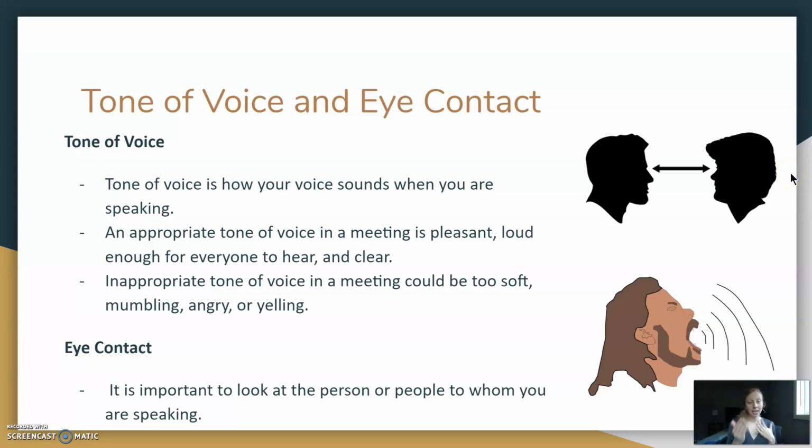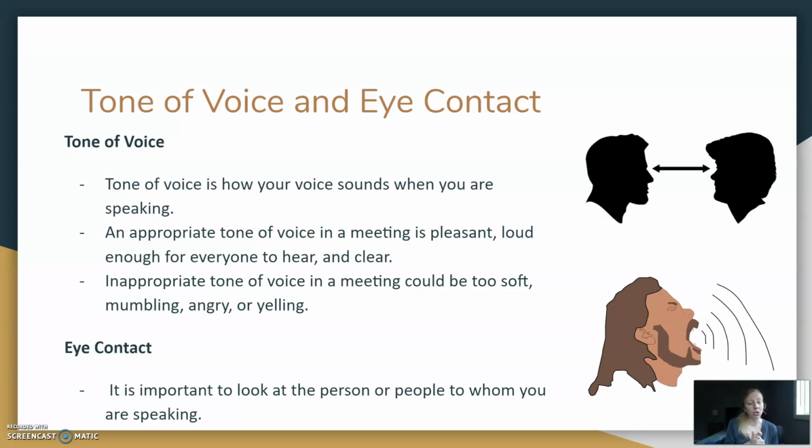So when you're stating this purpose, there are 2 things you need to be aware of: your tone of voice and eye contact. So, tone of voice. That is how you sound when you're speaking. An appropriate tone of voice in a meeting is pleasant and loud enough for everyone to hear and is clear. So the way I'm talking right now is an appropriate tone of voice.